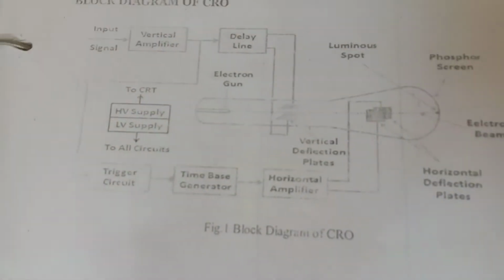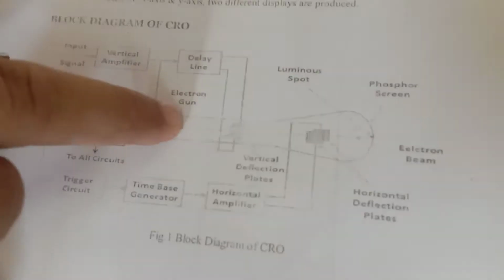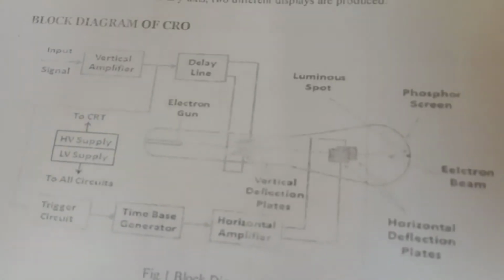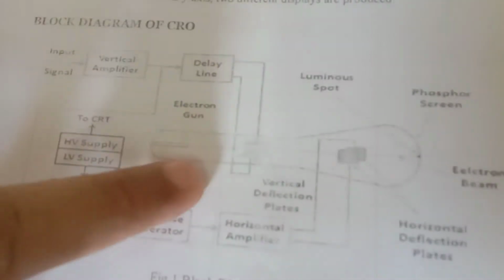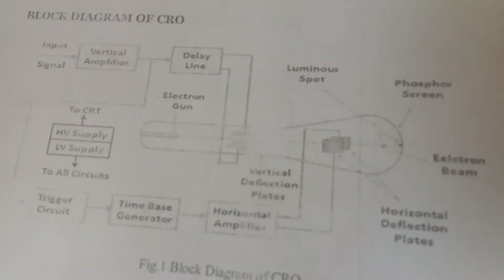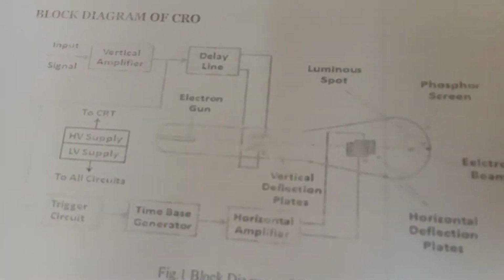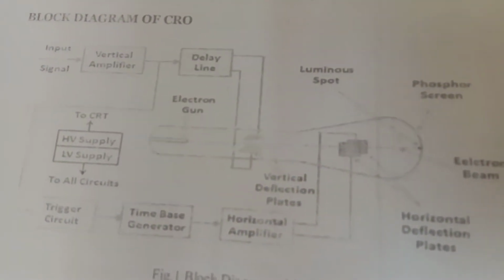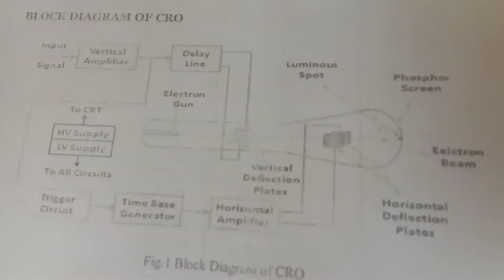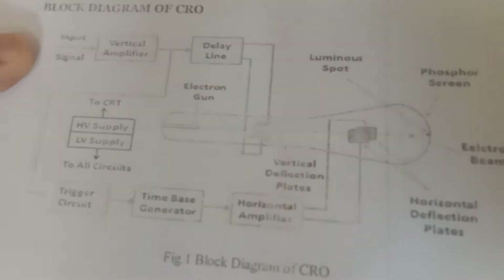Here you can see in the CRO there is an electron gun, and this electron gun is producing an electron ray, and this ray is developed into different kinds of functions or waveforms according to the input. So what we have is the input signal.